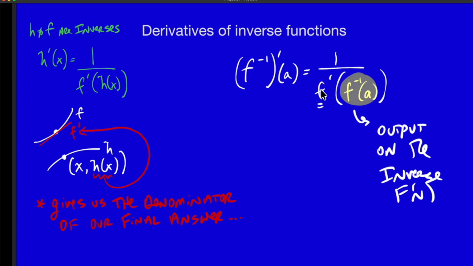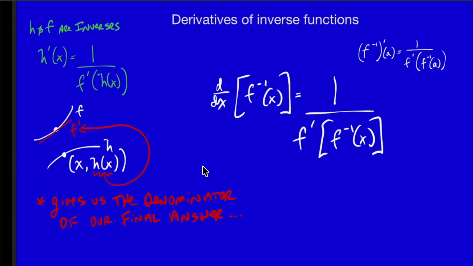That's what this means, f prime of this. It means taking the output on the inverse function, otherwise known as h of x, and plugging that into f prime. F prime of the output on the inverse function.